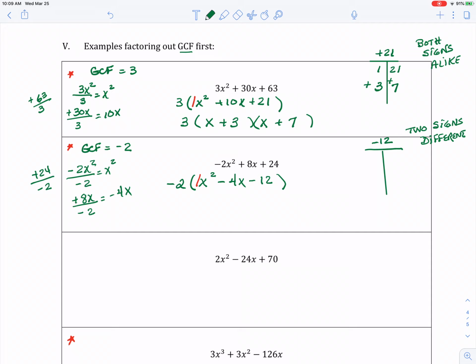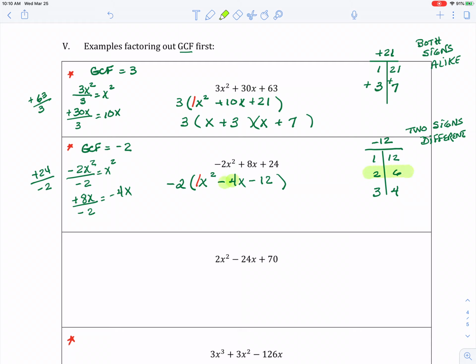All right, so I'm thinking of all my combinations. 1 and 12, 2 and 6, 3 and 4 are the combinations that multiply to give me 12. Negative 12, one side's got to be positive, one side's got to be negative. I'm looking for a combination that will generate this negative 4 here in the center.